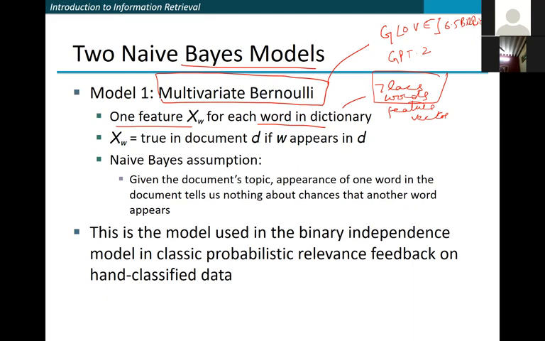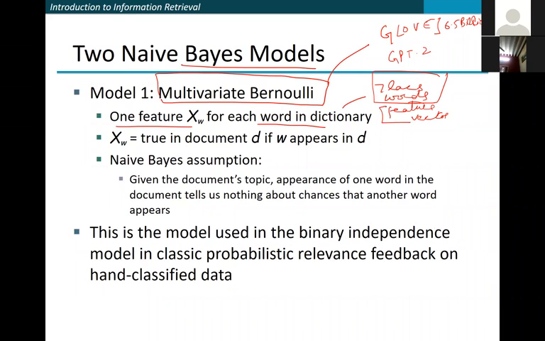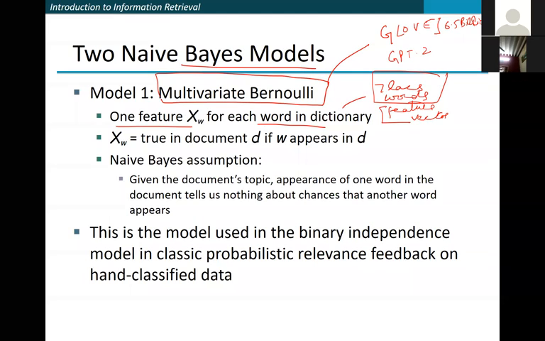Normally, if you take each word in the dictionary, your feature vector is the size of the dictionary. So if a word is present in the document, the value is 1, and if it is not present, it is 0.